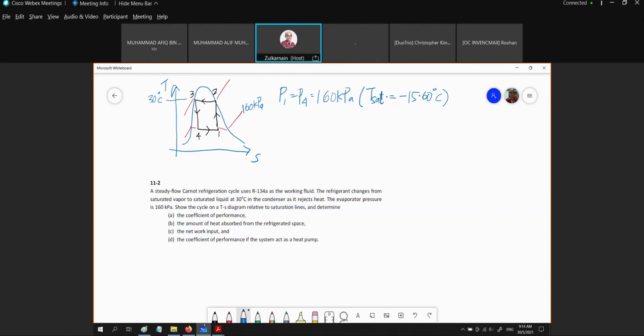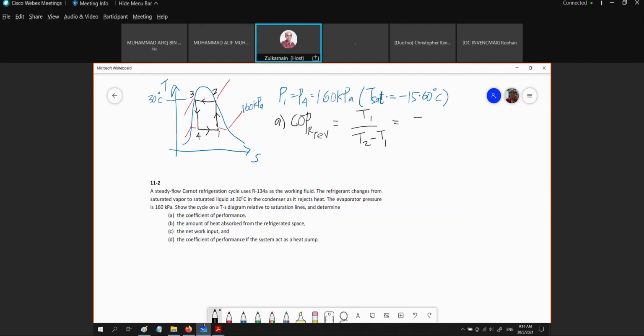So to solve part A, which is the COP_R for the reverse Carnot cycle, this is a reversible cycle, equal to T1 divided by (T2 minus T1). What is T1?